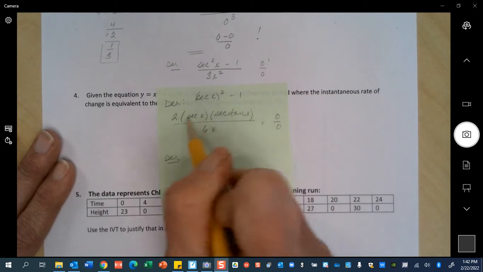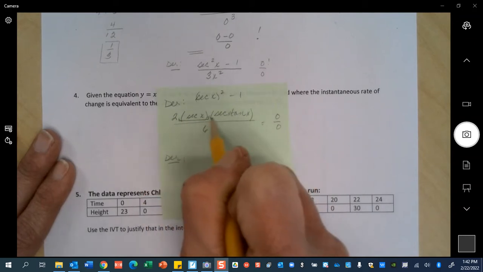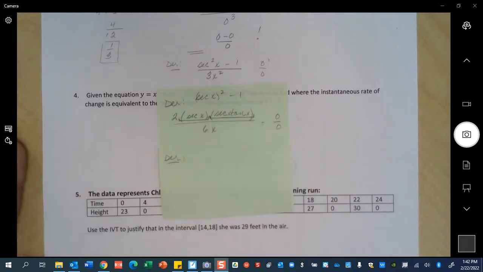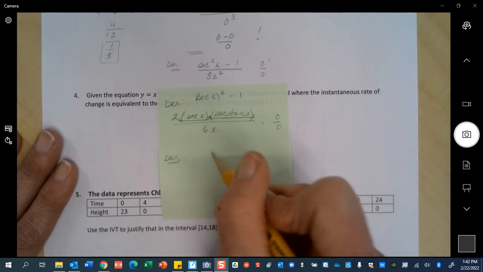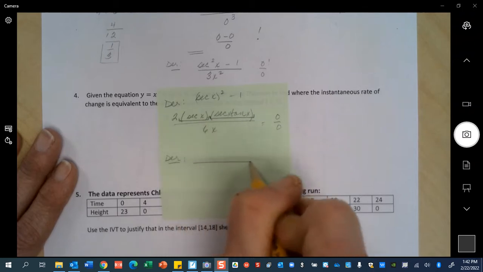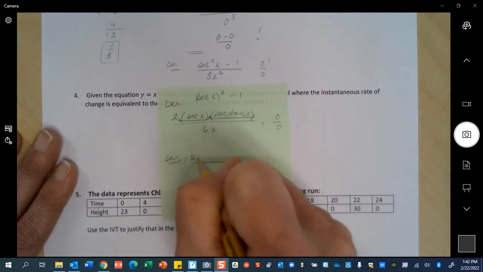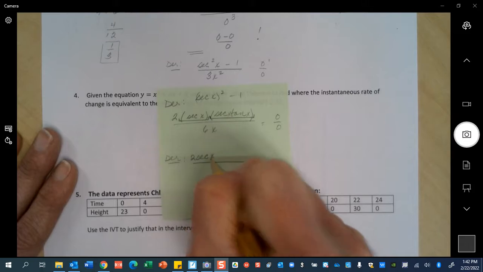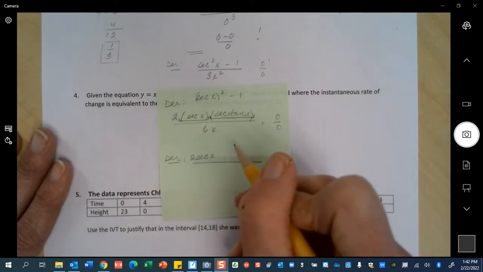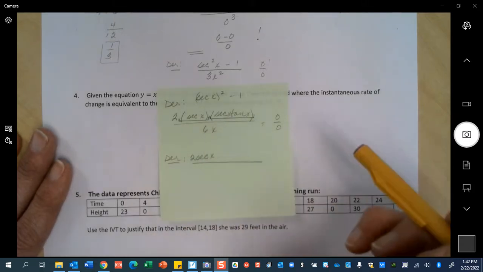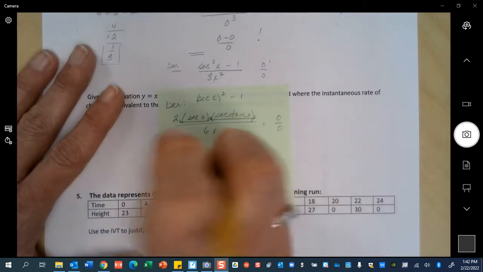And I have my product rule. Are you ready? So I have my derivative of this product is going to be my first term, 2 times the secant of x. Can't you like simplify the 2 and 6? Yeah, let's go ahead and do that.